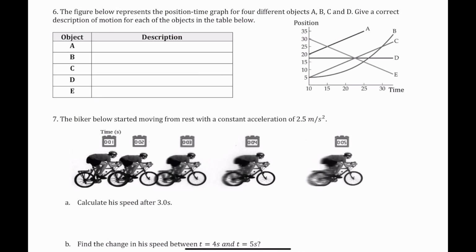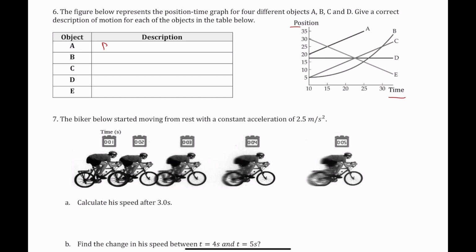The figure below represents the position-time graph for 4 different objects A, B, C, and D. Give a correct description of motion for each of the objects in the table below. So for A, in a position-time graph, the object is moving with a constant velocity and it is positive.